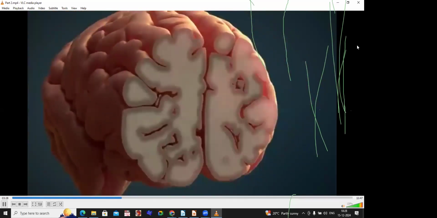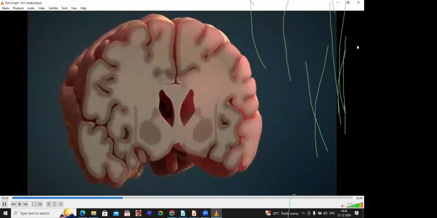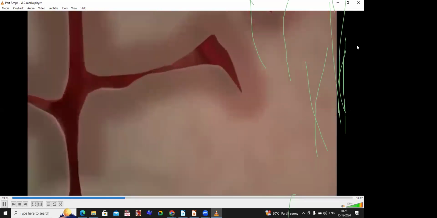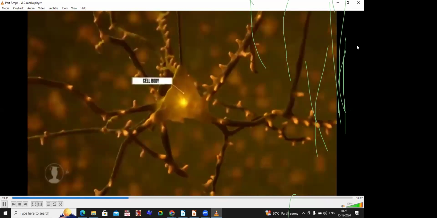The brain consists of nerve fibers, which can be recognized as white matter, and nerve cell bodies, which are referred to as gray matter. In principle, all nerve cells have a similar structure. Nerve cells have a cell body in which there is a cell nucleus.